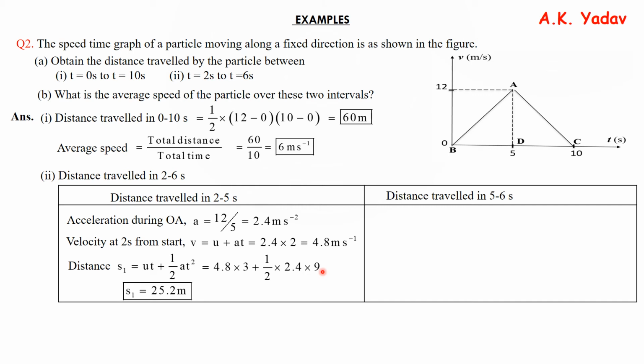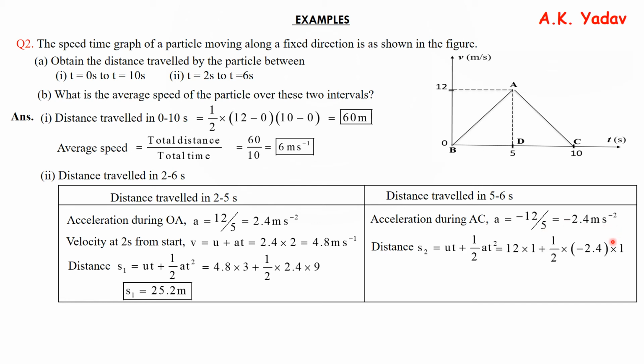Now what is the distance traveled in 5 to 6 seconds? Here it is decelerating, so the acceleration during AC will be equal to minus 12 upon 5, that is minus 2.4 meter per second square. Now distance is equal to ut plus half at square. Now what was the velocity?